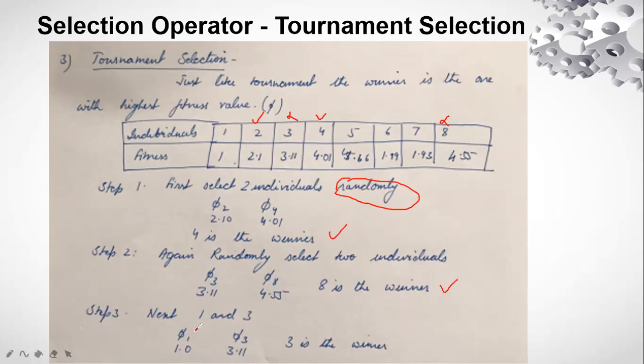In the next step, we have taken 1 and 3. 1 is the fitness value for 1 and 3.11 is the fitness value for the third. So here 3 is the winner. Now again we are going to select these two and get the winner, and finally we get the winner. So this is how the tournament selection takes place in a genetic algorithm.